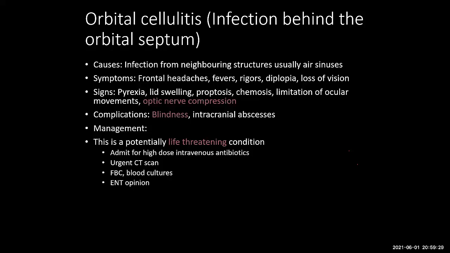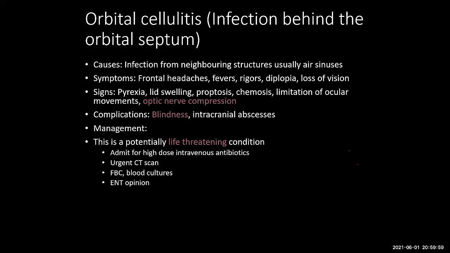Now, symptoms would be frontal headache, fever with rigors. These patients are going to be really, really ill. They're not very well looking, and they can have double vision or diplopia and loss of sight. Signs would be fever, lid swelling, proptosis, chemosis or conjunctival edema, and limitation of ocular movements.